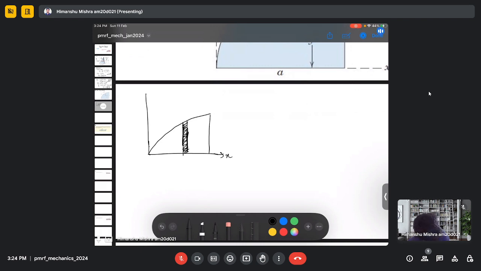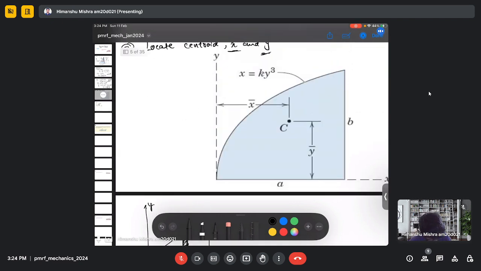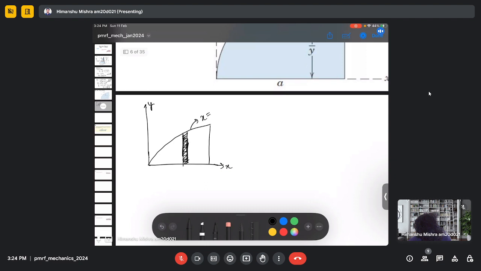This is the x-axis, this is the y-axis, and this curve is given by x equals k y cube. This is my length a, this is b, and this is the location we need to find.